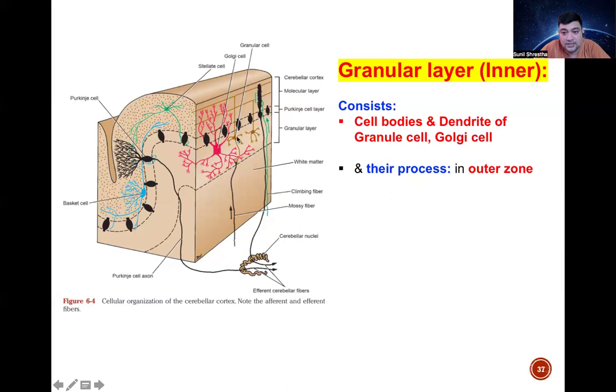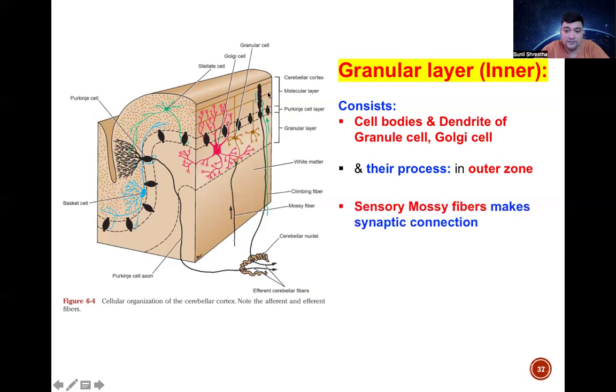You can see the cell bodies here in the third layer, and their processes can even be found here in the molecular layer.